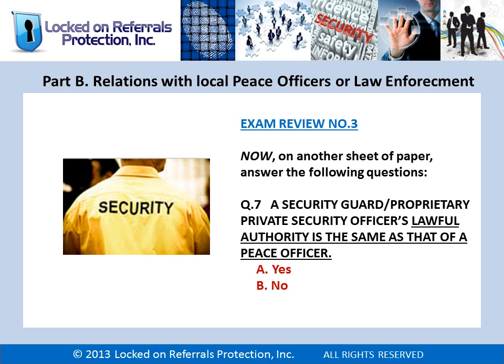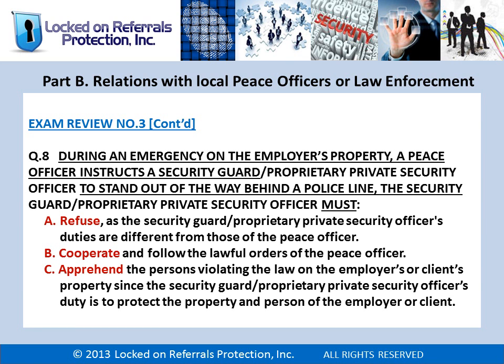Exam review number 3. Now, on another sheet of paper, answer the following questions. Question 7. A security guard's lawful authority is the same as that of a peace officer. A, yes. B, no. Choose the answer that is correct and write down the letter that precedes that answer. Question 8.